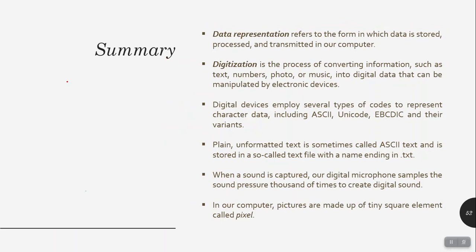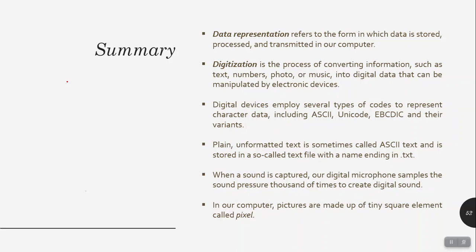So in summary, class, data representation refers to the form in which data is stored, processed, and transmitted in our computer. Digitization is the process of converting information such as text, numbers, photos, or music into digital data that can be manipulated by electronic devices. Digital devices employ several types of codes to represent character data, including ASCII, Unicode, EBCDIC, and their variants.